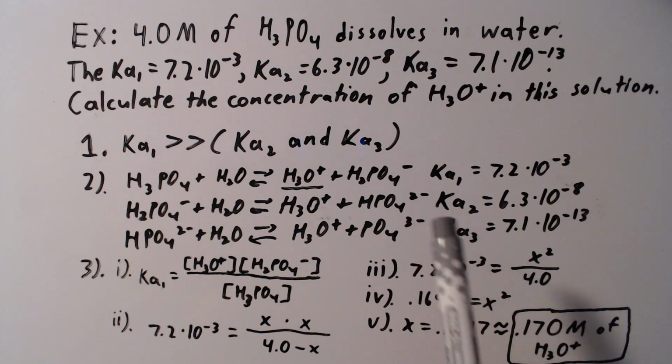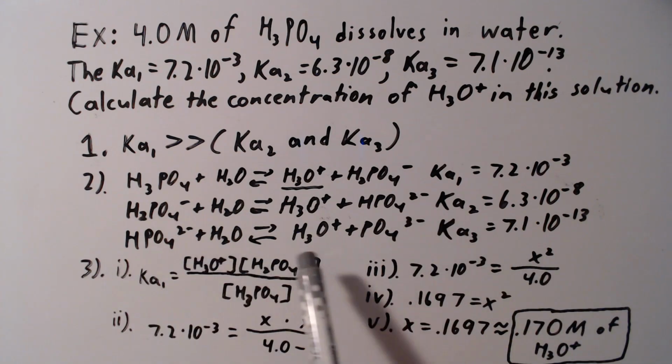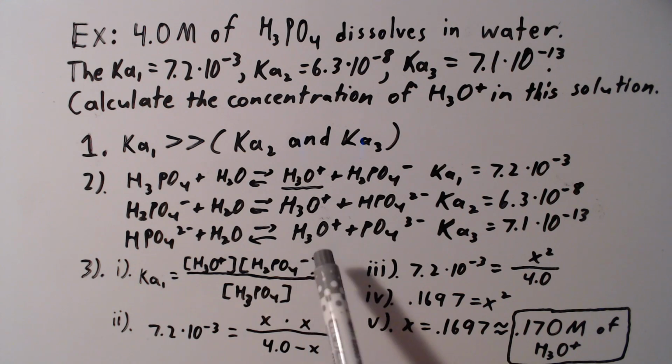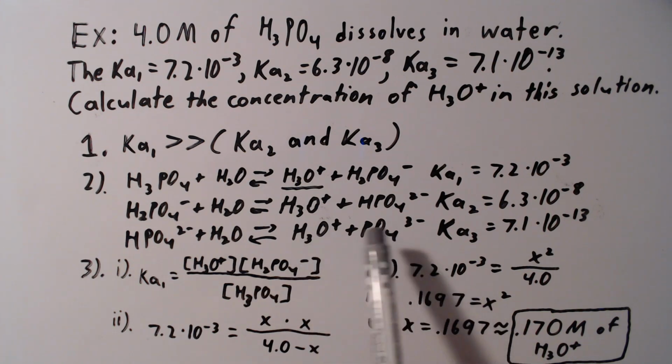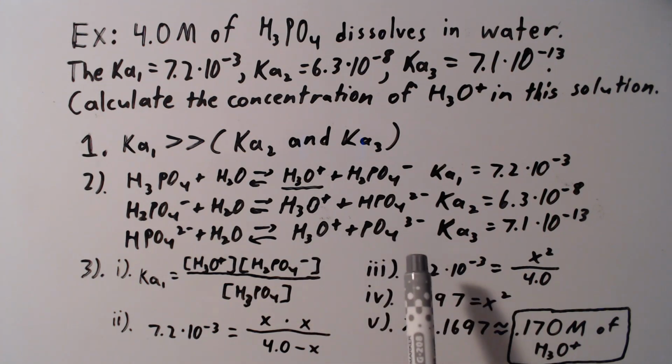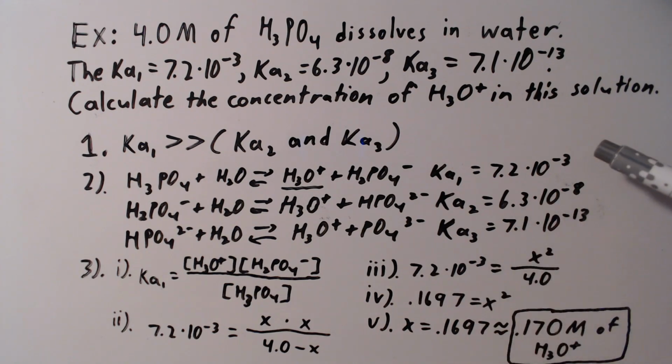Then the HPO4 2 minus loses another H to water to make another H3O plus, and finally we're left with the PO4 3 minus. And each of these reactions has a different Ka. There's a Ka1, Ka2, Ka3. And these Ka's progressively decrease in magnitude as we go from reaction 1 to reaction 2 to reaction 3.